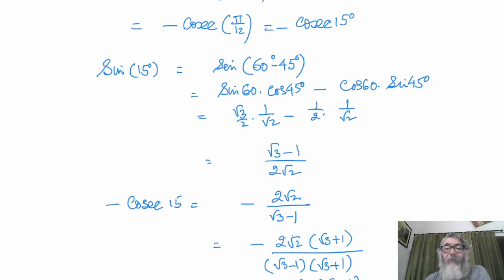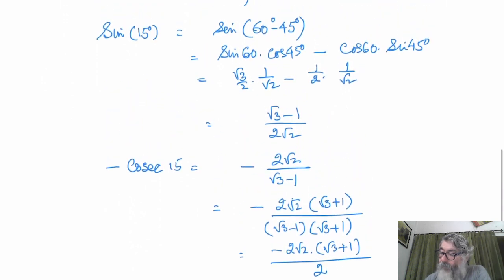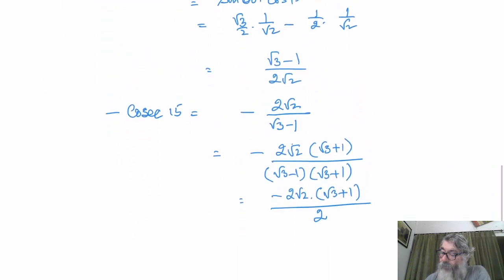A minus b, a plus b, a square minus b square. Root 3 whole square will be 3, 3 minus 1 is 2. So 2 will cancel with this 2, and minus root 2 into minus root 3 will multiply to minus root 6 minus root 2. This is your answer.